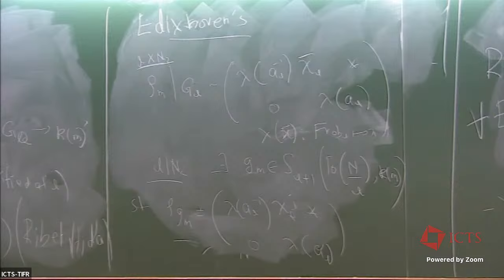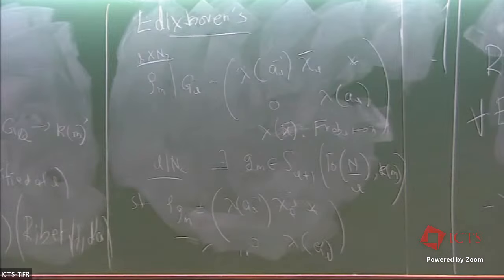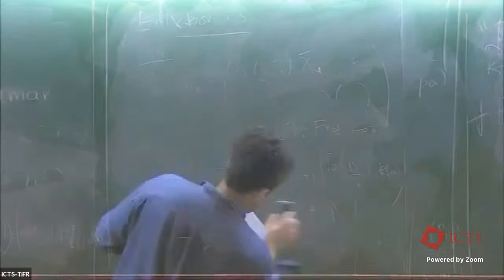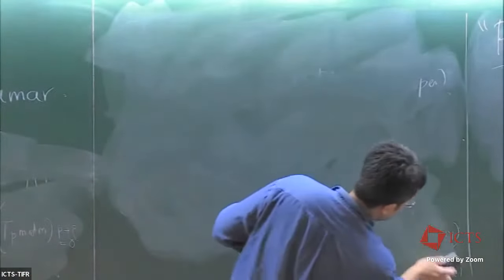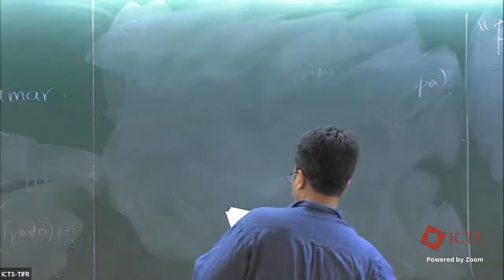So now we have to proceed to how we can get some control on this Q. Okay, so just proceed to the theorem. So our theorem says the following.